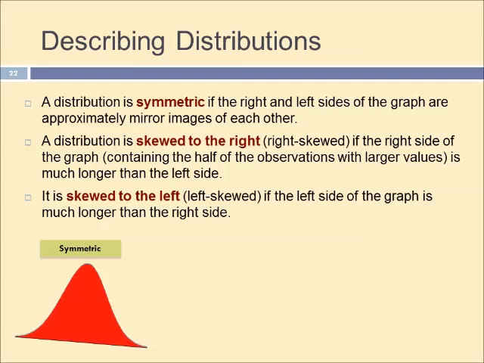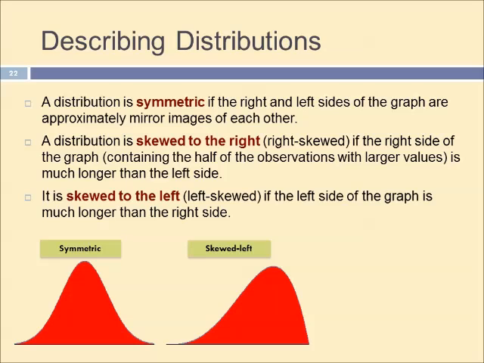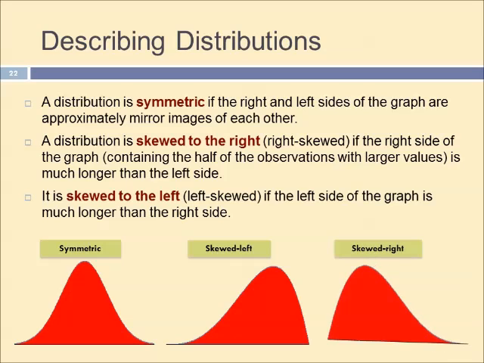So for a symmetric distribution, we can draw a line down the middle and we've got mirror images on either side. Skewed left, notice that the values trail off toward the left. It's top heavy on the right, so we call that skewed left. Skewed right, the values trail off toward the right.